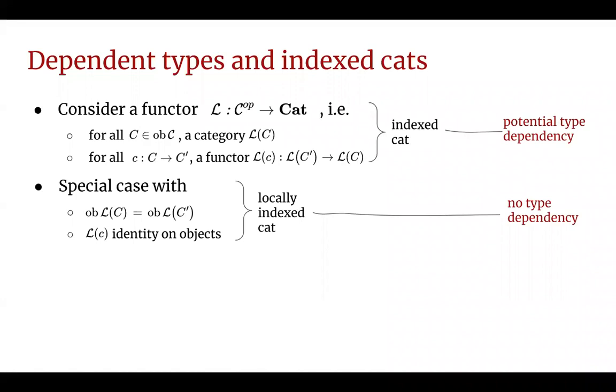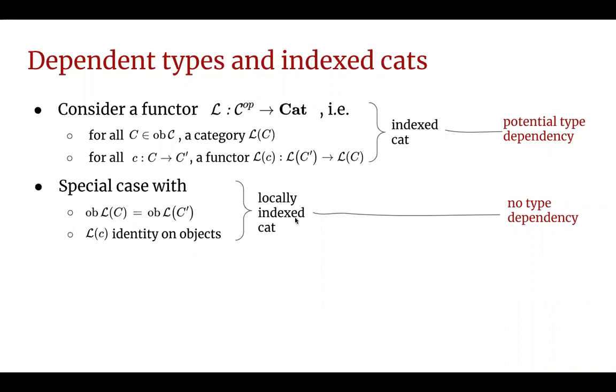In that case, we're working with certain degenerate indexed categories that you call locally indexed categories. This is the case where the objects of all the fiber categories are the same, and the substitution functors between the fiber categories are identity on objects, right? That means the types in the fibers do not depend on programs in the base category.